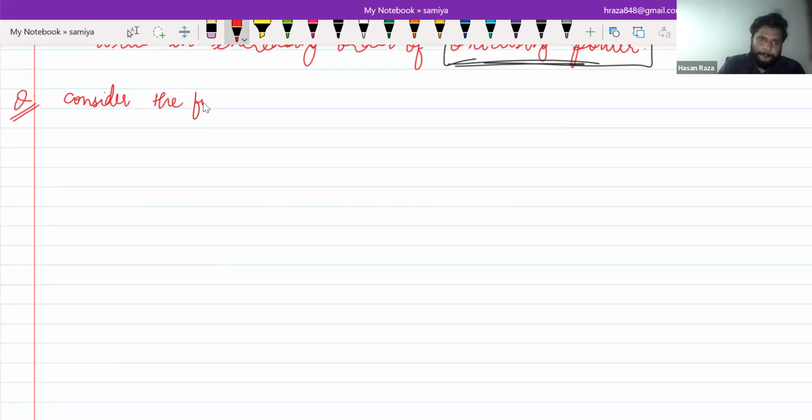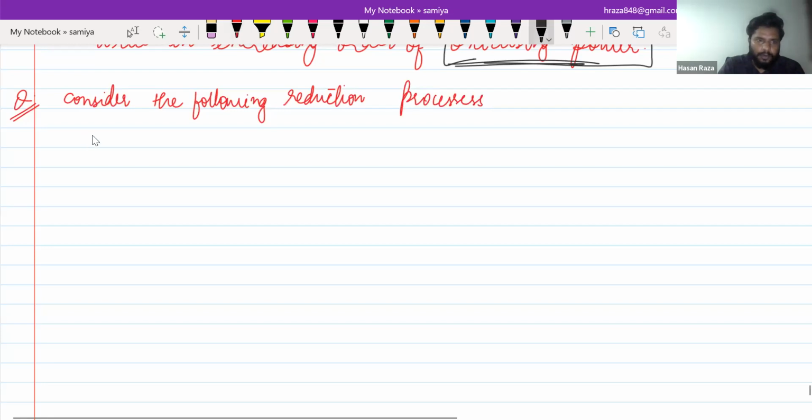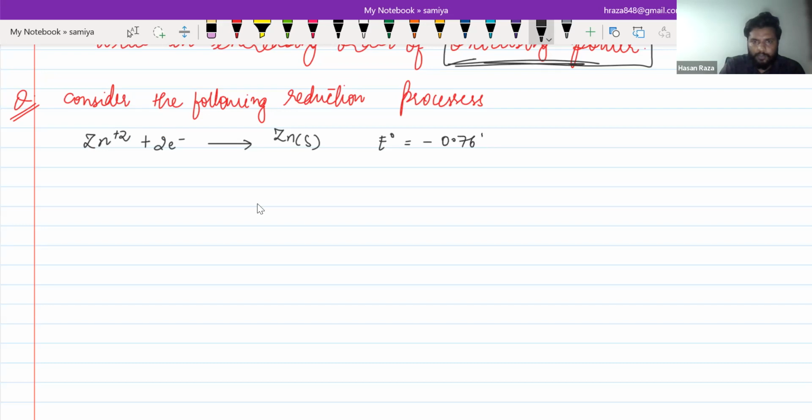Consider the following reduction processes. Zn2+ plus 2 electrons will give Zn solid. It is also given that E° is equal to -0.76 volt. Now Ca2+ plus 2 electrons will be converted into calcium solid.